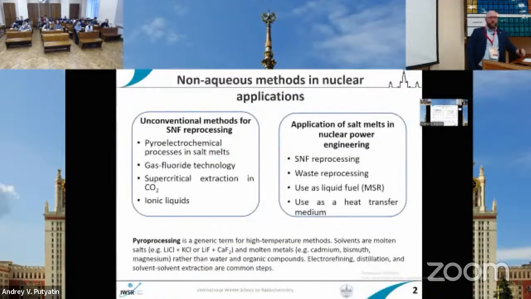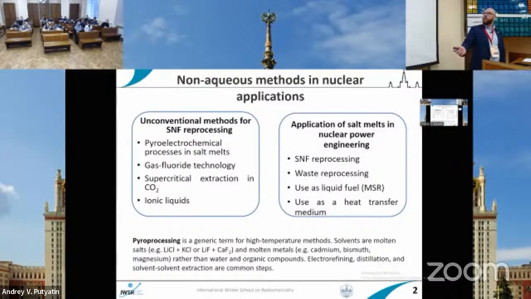In principle, non-aqueous methods for spent nuclear fuel reprocessing or other nuclear applications use molten salts, or it can be gas technology based on different volatility of the fluorides of the elements of actinides and fission products.